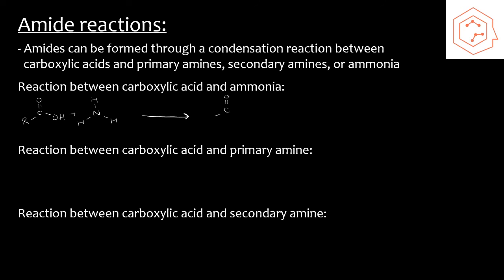Here's our parent chain from the carboxylic acid, and here is where our nitrogen would bond to the carbon at the site where the hydroxyl group used to be. And so that's our primary amide. Through this process, we would also form water.